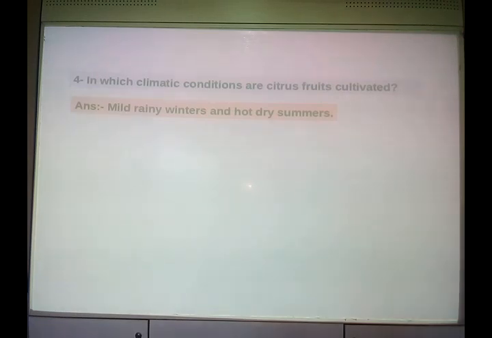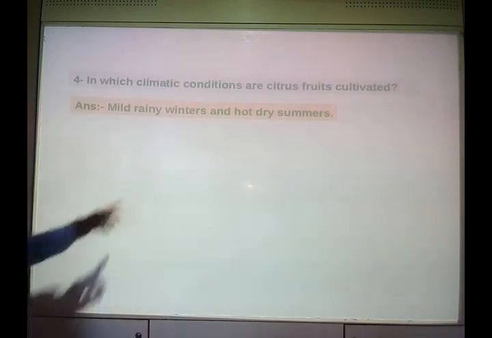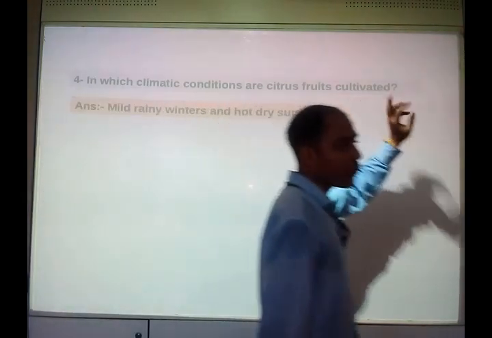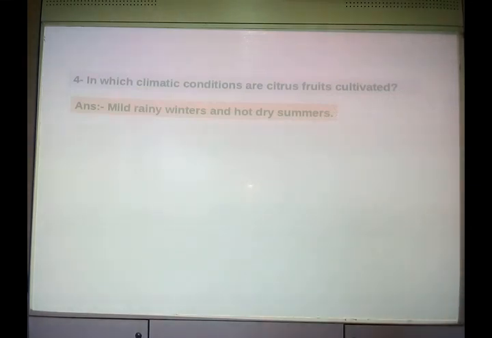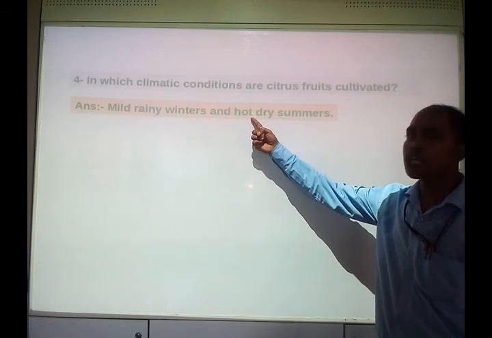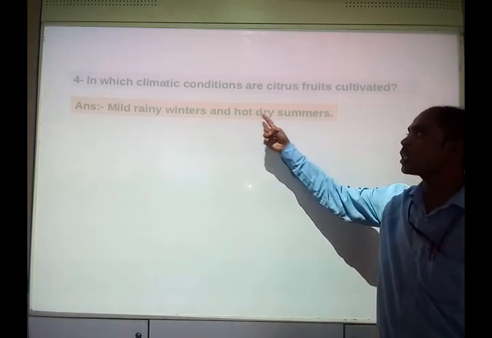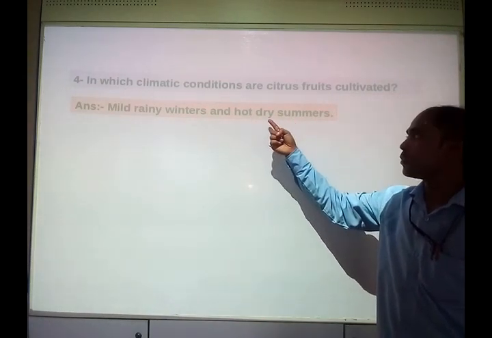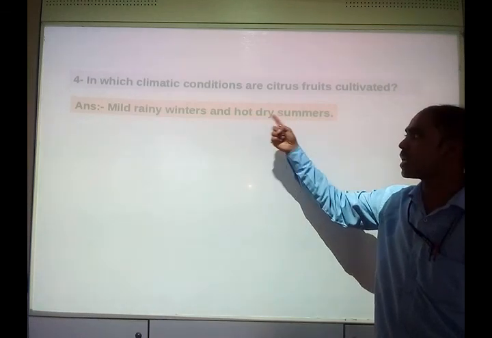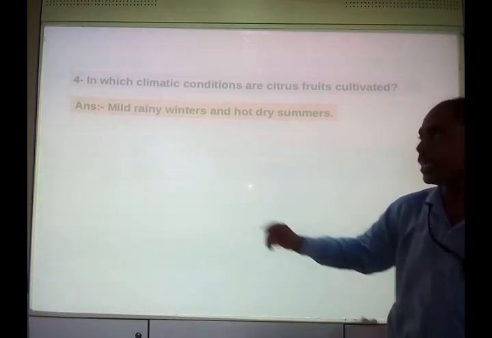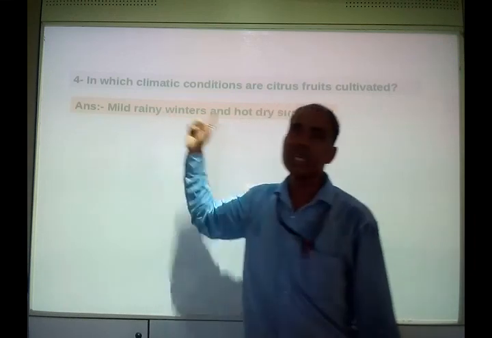Citrus, I have already told you, sour in taste, right? Sour means khatta, right? Yes. So in which climatic conditions are citrus fruits cultivated? 2 climatic conditions are there. Either the climate will be hot dry summer, that means the season of summer which will be very hot and dry, or very mild rainy winter.